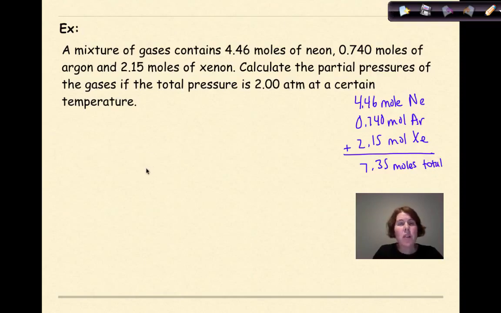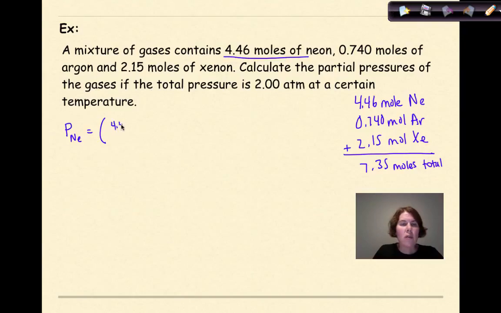So if I wanted to figure out the individual partial pressures for each one, what I'm going to do is I'm going to say, well, here's the pressure of neon. So pressure with a subscripted Ne, showing that this is the partial pressure for neon. And I'm going to put in my mole fraction. So that is my moles of neon, which is right here.